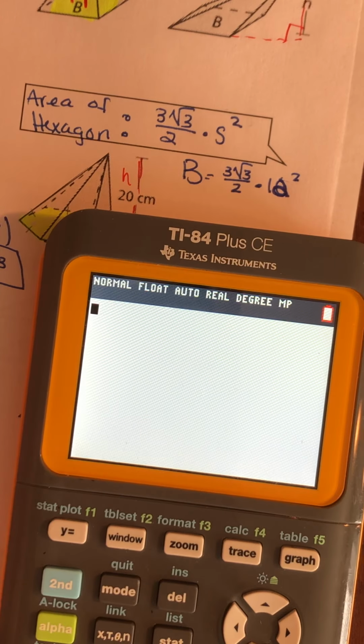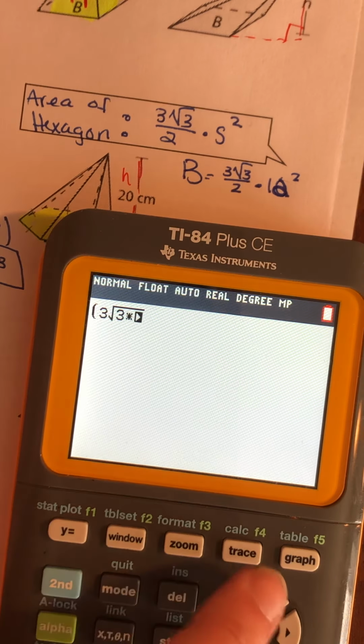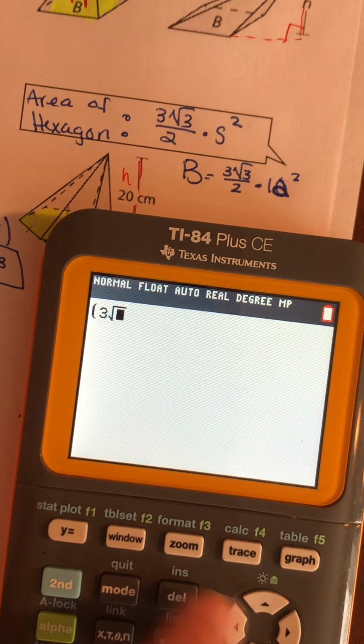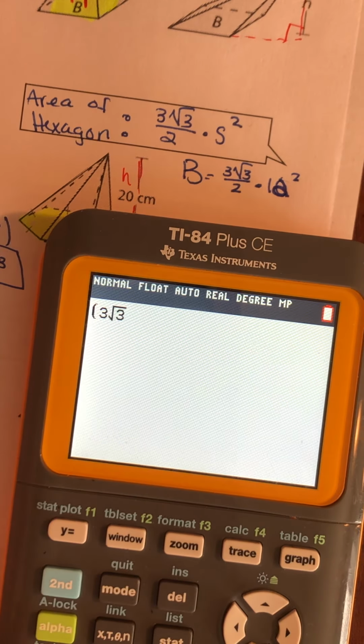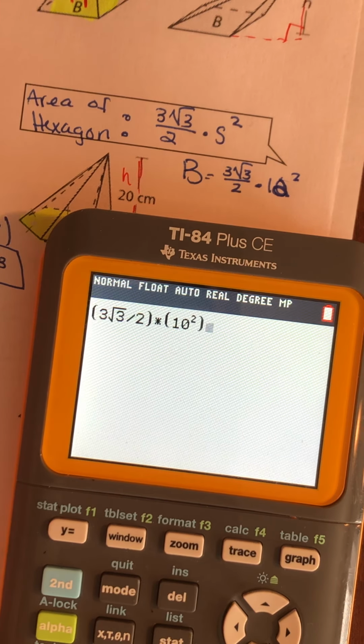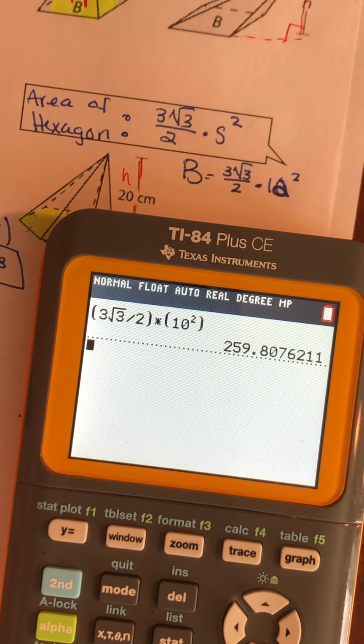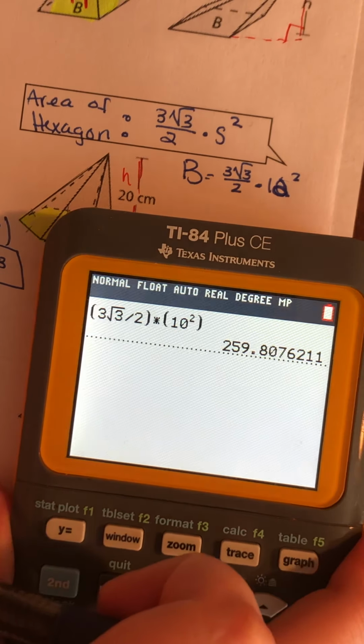So you want to do 3√3 divided by 2 times 10 squared, or you could just do times 100. And that gives us 259.81.